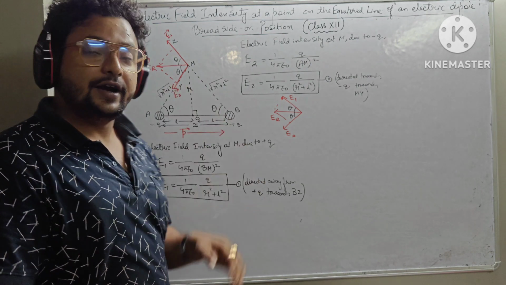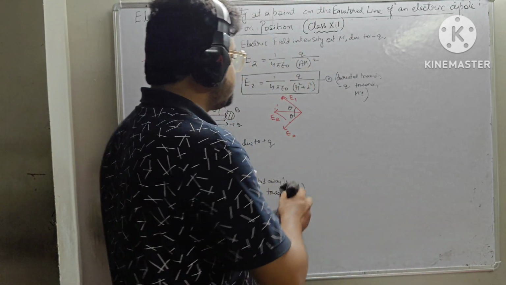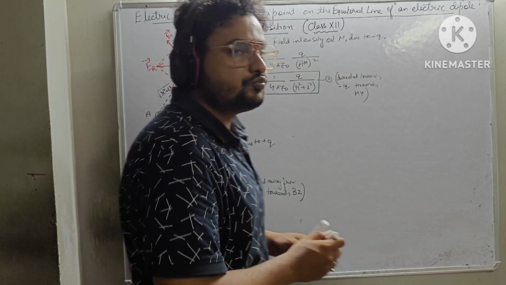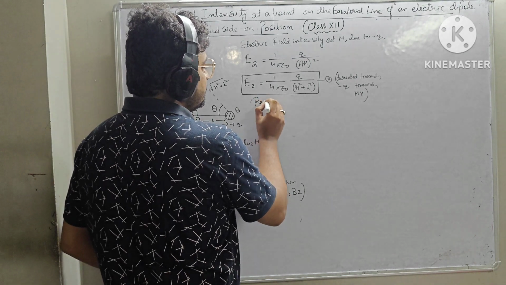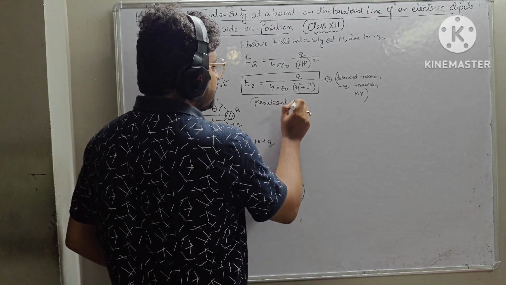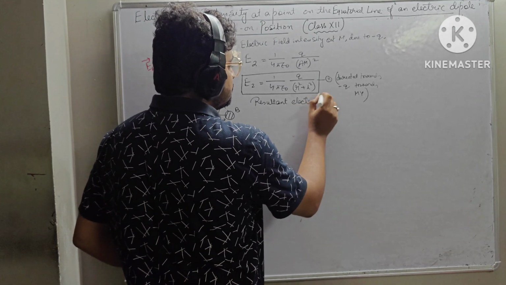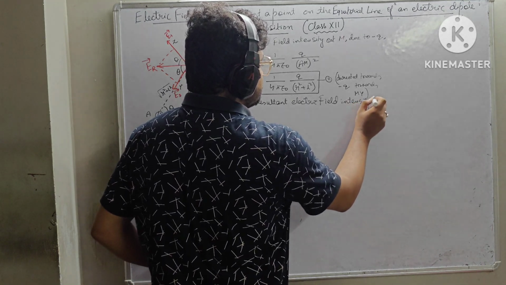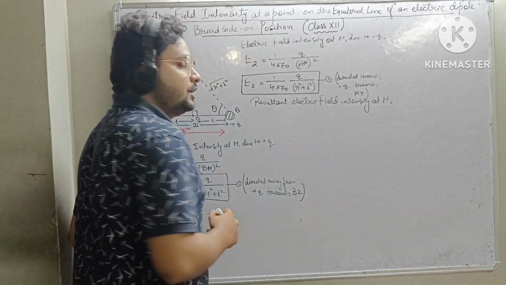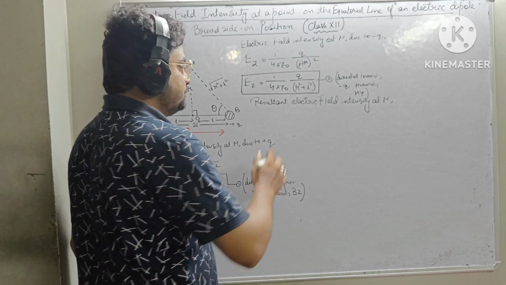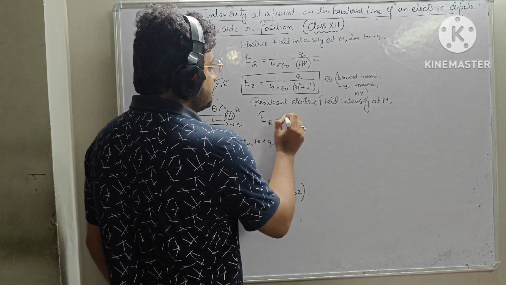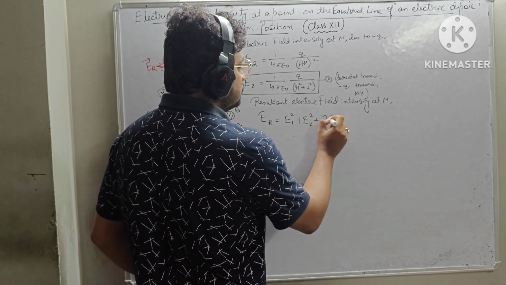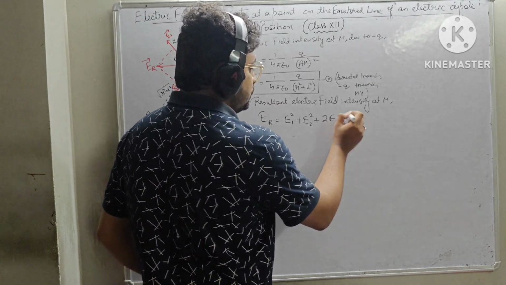Once you know this, then we can find out the resultant electric field intensity. So the resultant electric field intensity at N. You know the resultant of any vector is equal to square root of E1 square plus E2 square plus 2 E1 E2 into cos theta.